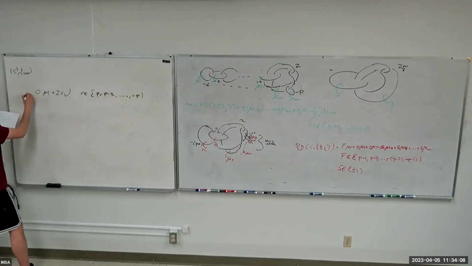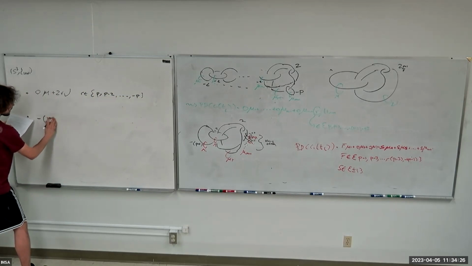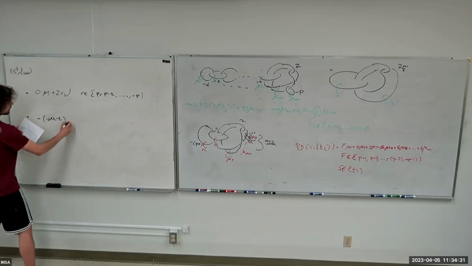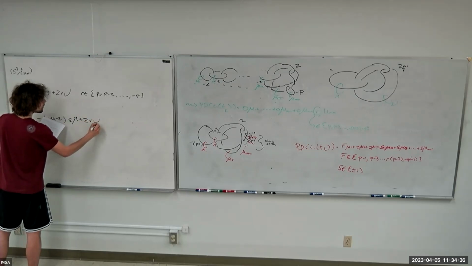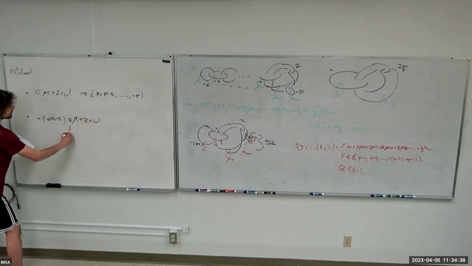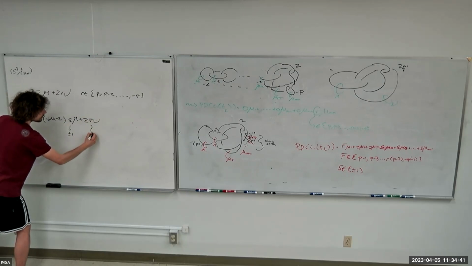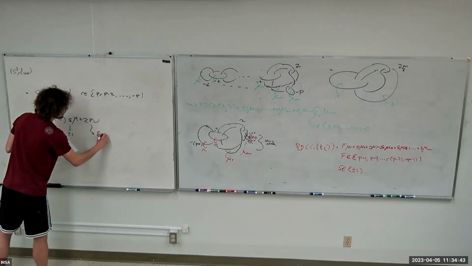And for the other one, I actually get that it's minus m minus m minus 2s mu plus 2r mu, where s is just plus or minus 1, and this is again set there.